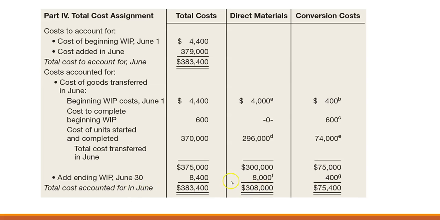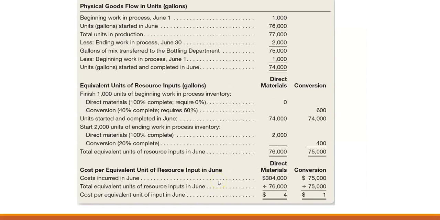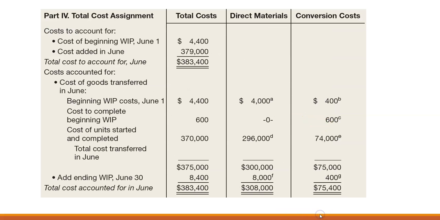So for this beginning units in production, we had 1,000 units and our 600 units, the cost to complete the beginning work in process, and then we have the units started and completed during the month. If we go back to the previous slide, we see that we had 74,000 started and completed during the month.